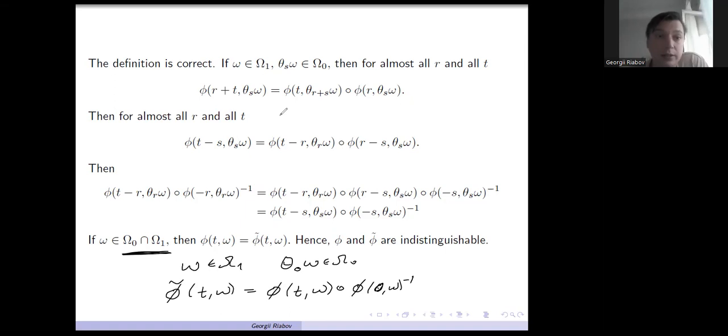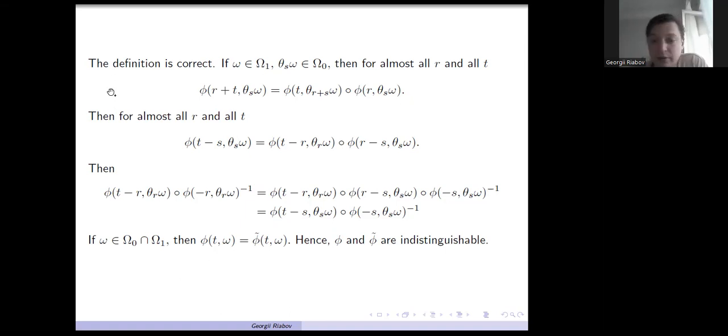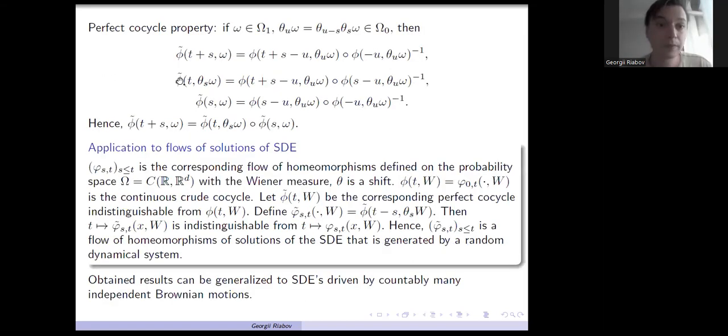And the last thing we need to check is that phi tilde is a perfect cocycle. Why is it so? We saw that the cocycle property holds for omega not in omega 1, so we take omega belonging to omega 1.